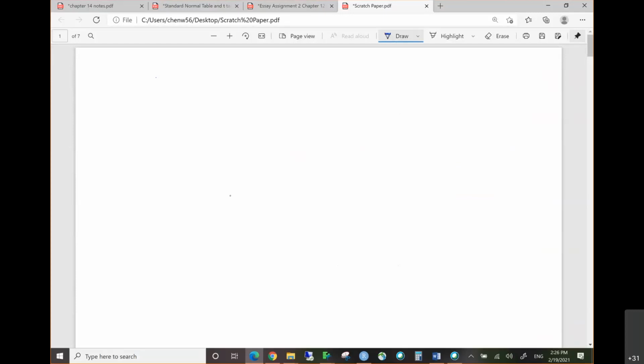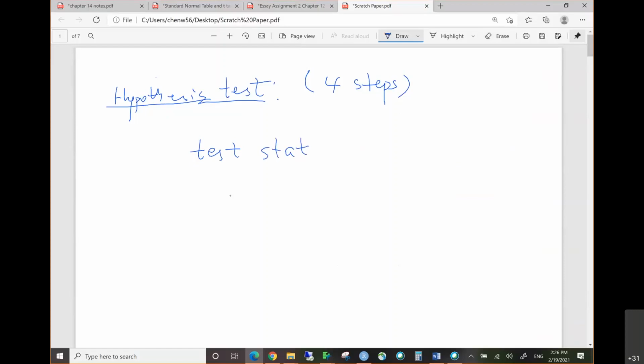For the hypothesis test, we follow the 4 steps. State the hypothesis. Before we calculate the test statistics, we need to check the assumptions, right? Then we need to calculate the test statistics.